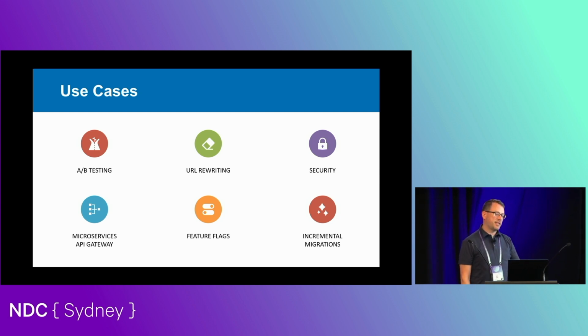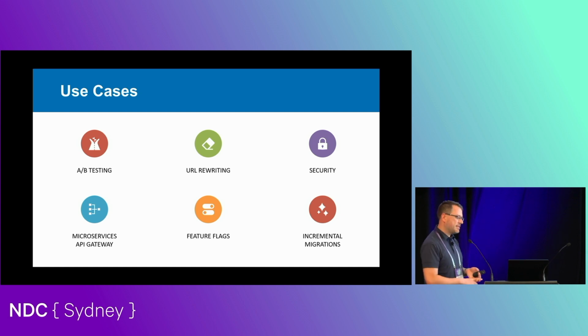What if you want to put 10% or 20% of your users on a new feature and have the other 80% that are still using the old one and find out whether people like it better, is it performing better before you put 100% of your users on it? Another one is URL rewriting or using it for a microservice API gateway. That's a common use of them these days.